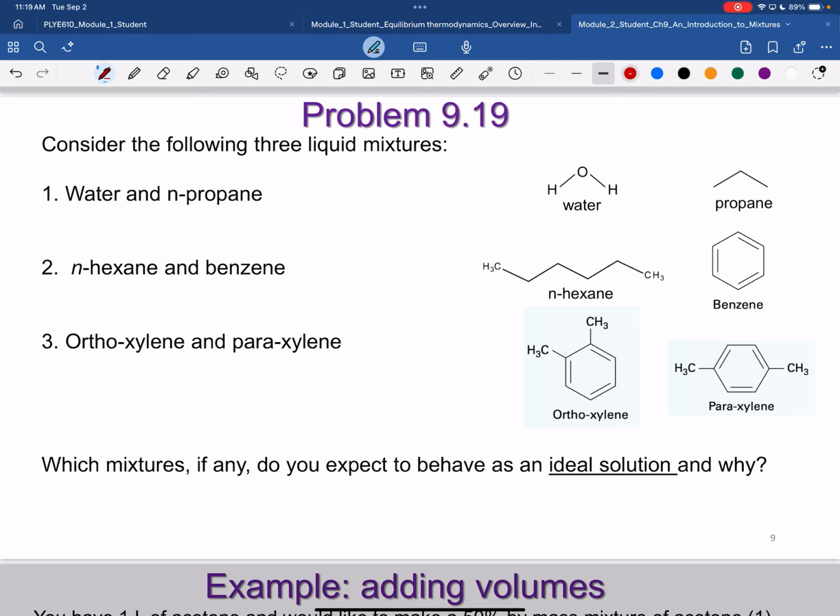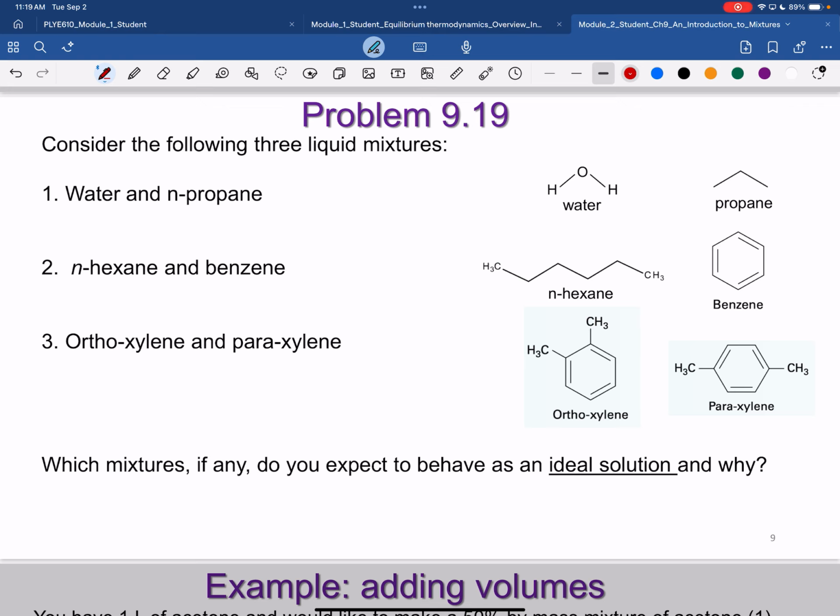Non-ideal, right? Why is that? Because the water is going to have different interactions. You know about the different interactions, right?